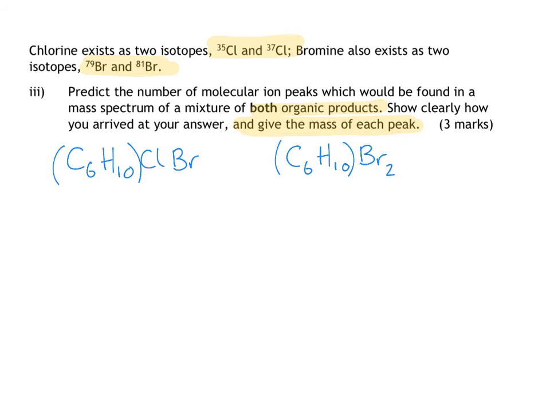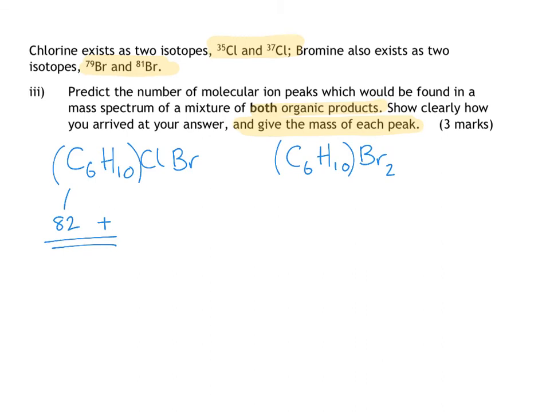And if I do that, adding up 6 lots of 12 plus 10, then the mass of this part is 82. So then all I've got to do is work out the possible other masses that could form. So I've got my 82 and I'm going to add it on to either possibilities of 35 or 37 chlorine or 79 or 81 bromine.